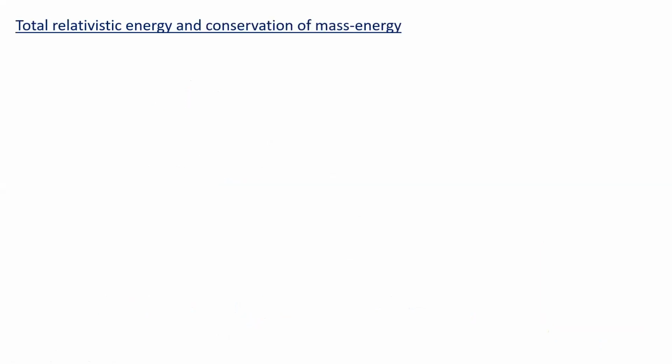Now we can look at total energy and conservation of mass energy. We can rearrange our definition of kinetic energy to solve for mc squared times gamma, and that's going to just be equal to k plus, we multiply here, we have minus mc squared, and bring that over to the left side. We get mc squared gamma is equal to k plus mc squared.